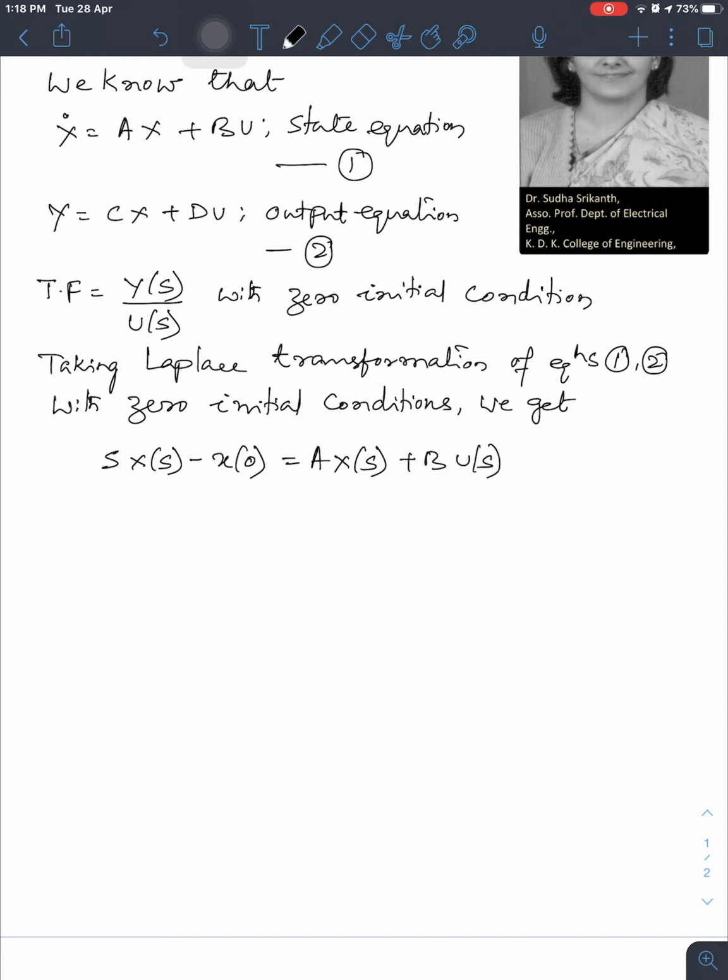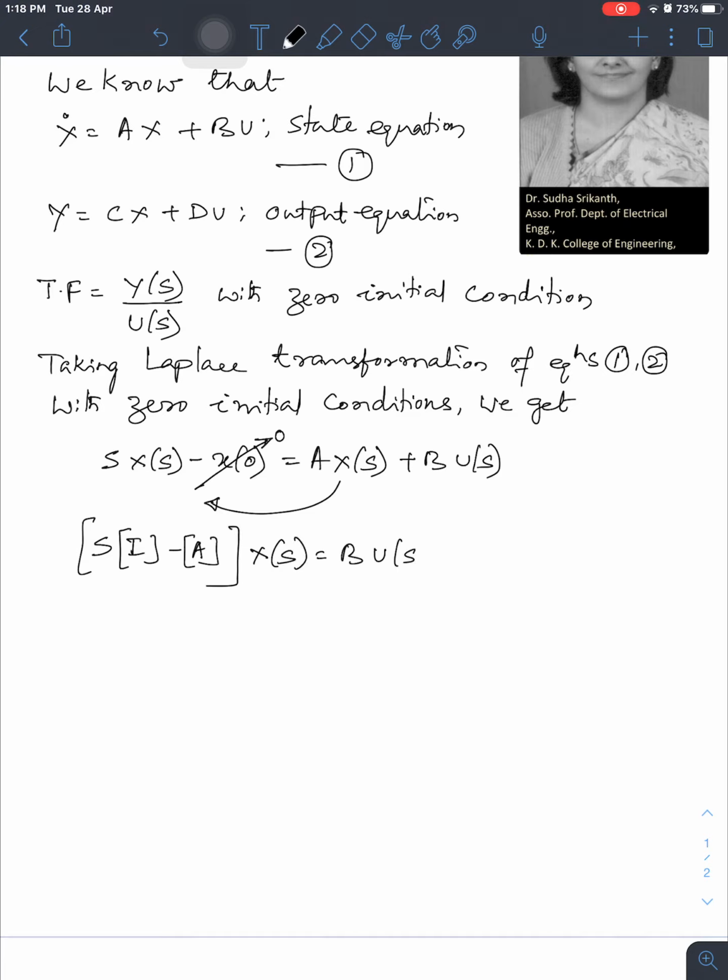We know that the initial conditions are to be assumed 0, so this will go to 0. So now shifting this X of s onto the side, we write (sI minus A) whole thing has to be multiplied with X of s, which is equal to B into U of s.